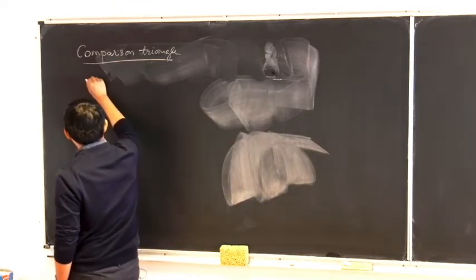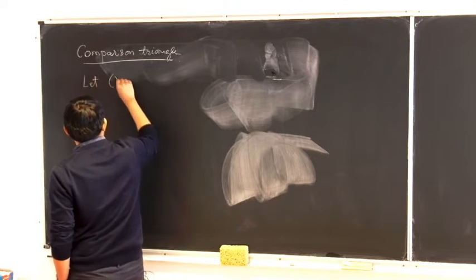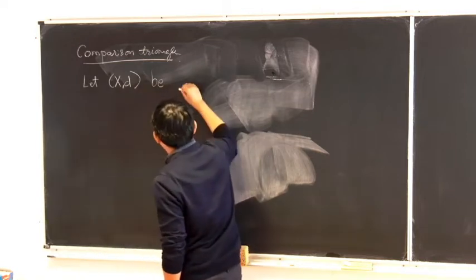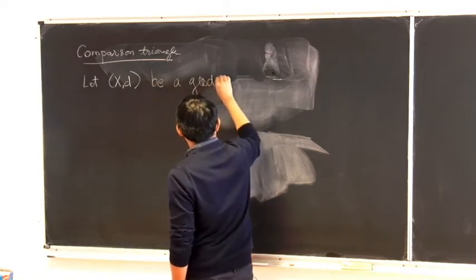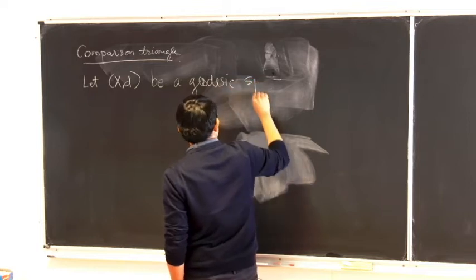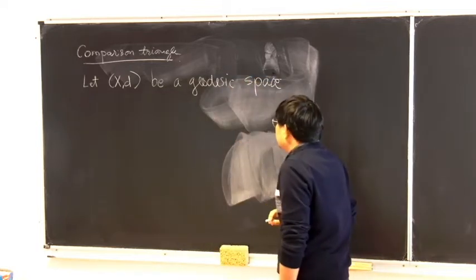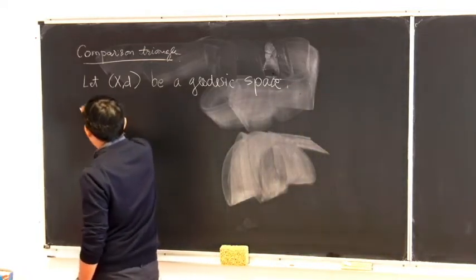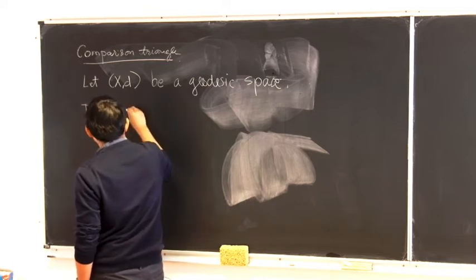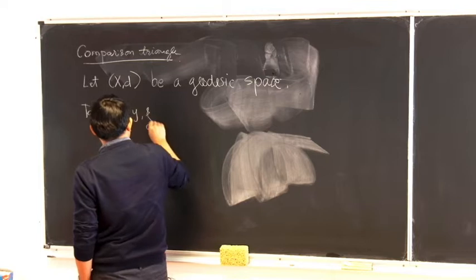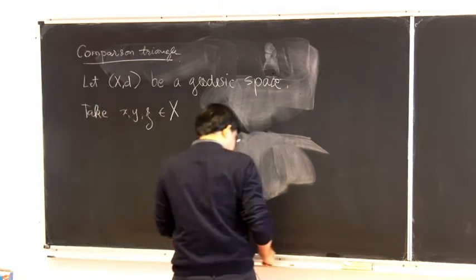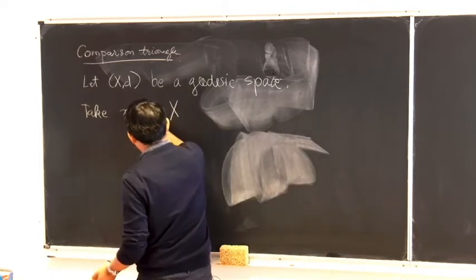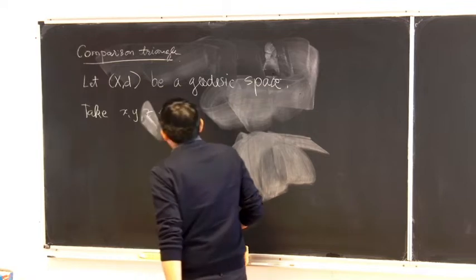So I suppose here that (X, d) is a geodesic space, and we take three points x, y, and z belonging to X.